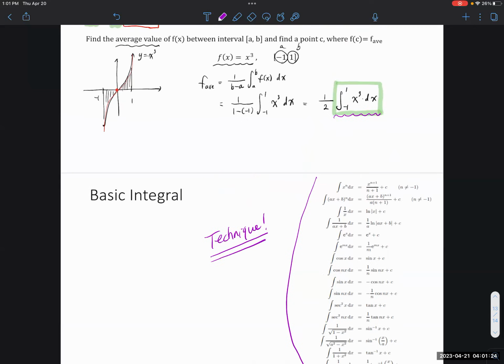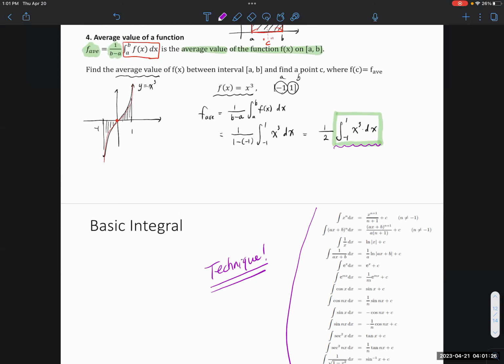But one of the basic integral techniques is number one. If you have an integral, there is a way you can actually calculate it. If you have x to the n, you add 1 to the exponent and divide by that new exponent. For example, I'm going to change to the color red. x to the third is the function.